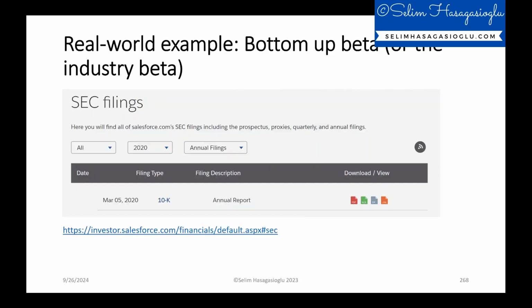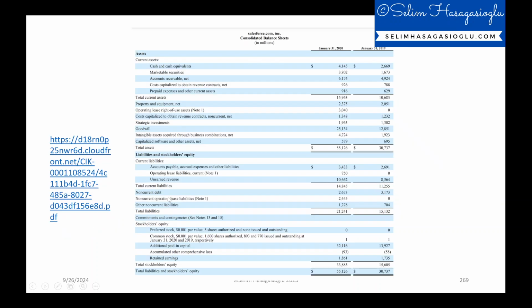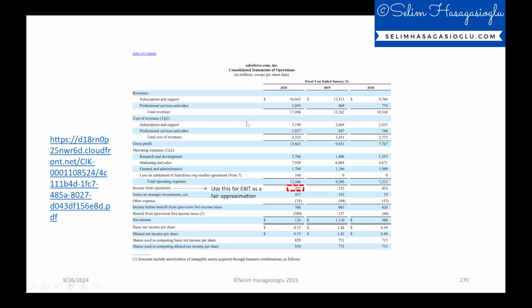For the fifth year, you need to get the data from the SEC filings of the company. Just use this link. The date will be 2020, and just use the 10K. Here you will have the total liabilities value and also the total stockholders equity value. I also put the link here.